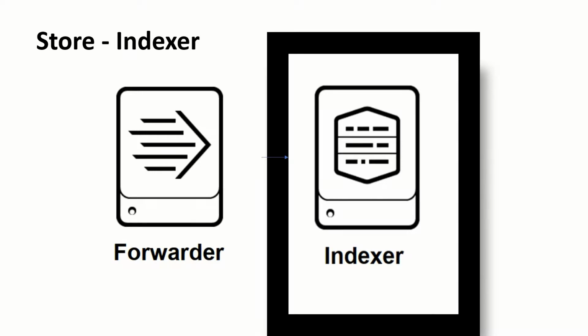As the indexer indexes data, it creates a number of files organized in a set of directories by age. This is the main point. These contain compressed raw data and indexes. So the indexer is, we can say, a kind of database, and the data is stored in flat files.